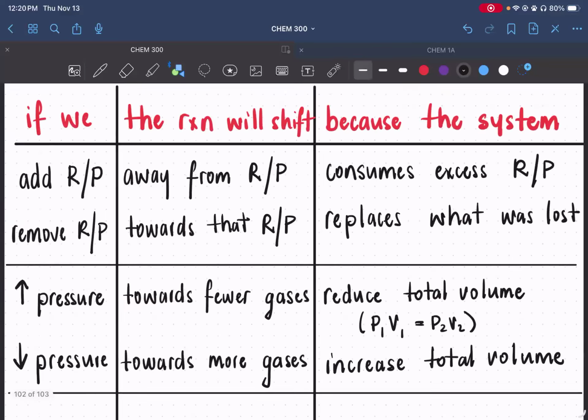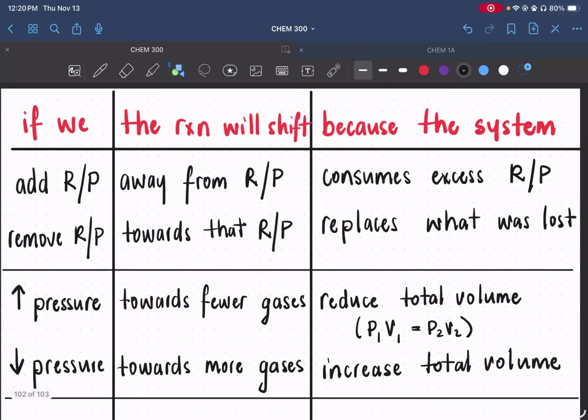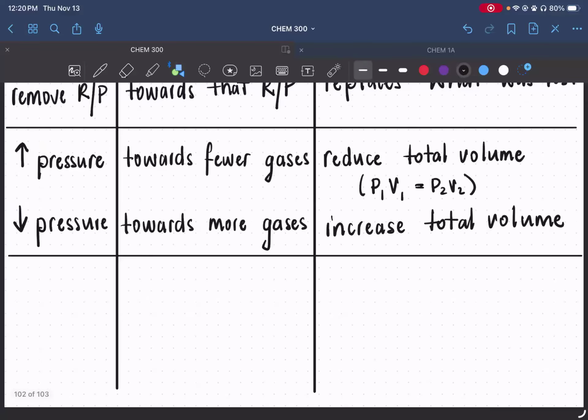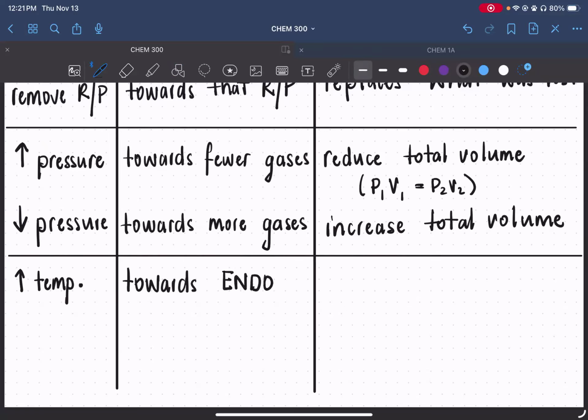The other thing that we can do to stress a reaction is we can increase temperature. If we increase temperature, the reaction will shift towards the endo direction, where, of course, we know from our thermodynamics chapter that an endothermic reaction is one with a positive energy.